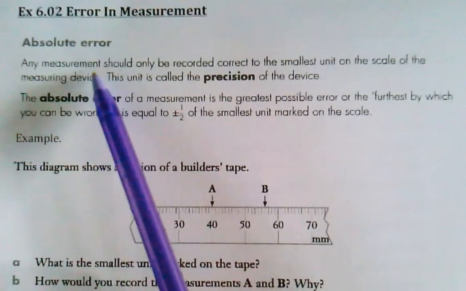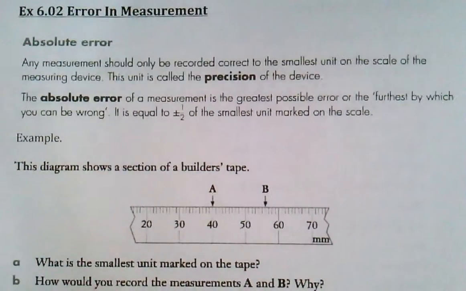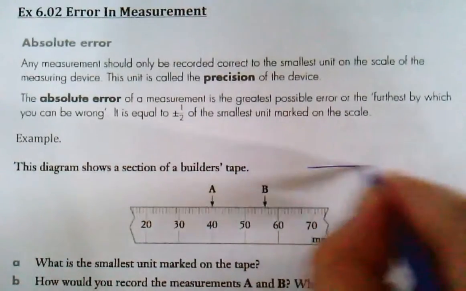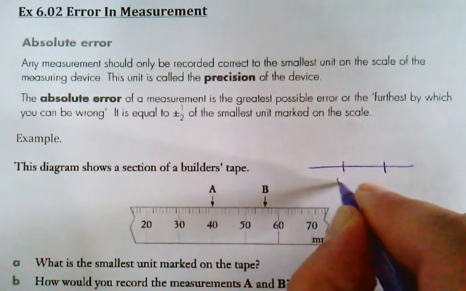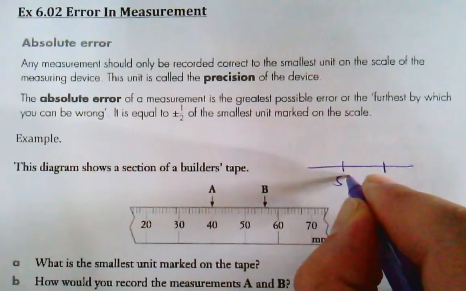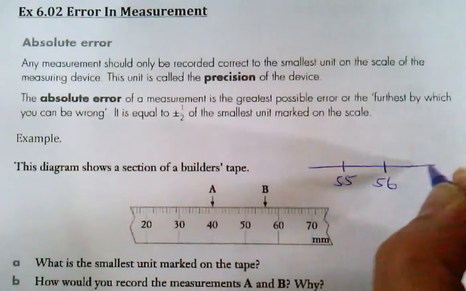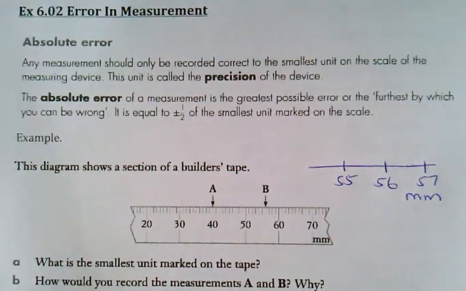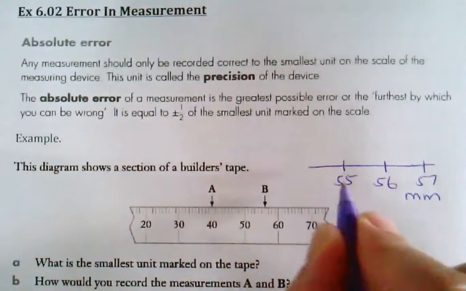Any measurement, when you measure something, you might say it's closer to this. When do you decide that it's closer to that? For example, if I've got 55, 56, and 57 millimetres, when do I decide that I'm going to say 56 millimetres?